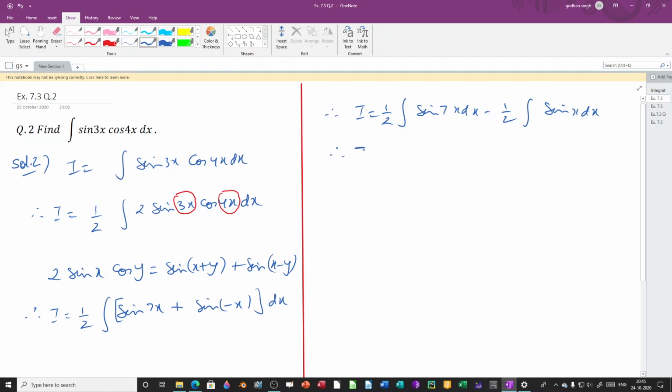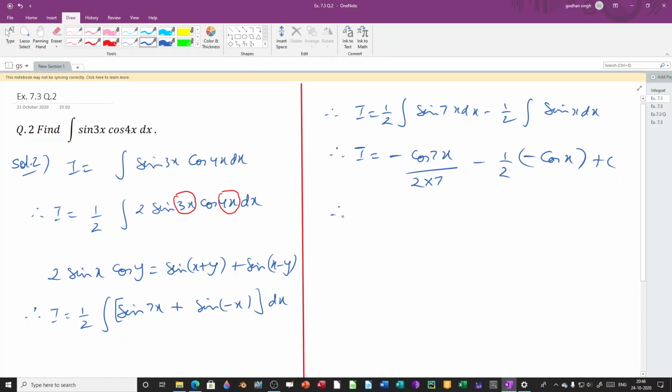Therefore I equal to, the integral of sine is minus cos, so minus cos 7x over 2, and here we can see that the coefficient of x is not 1, it is 7. So we differentiate 7x with respect to x, which gives 7. So we will divide by 7, and minus half. Same way here, the integral of sin x gives minus cos x plus c.